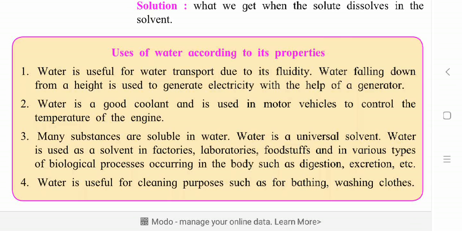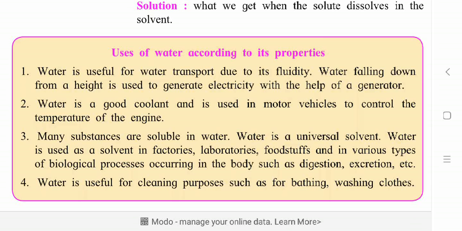The digestive system uses that, as well as the extra part which goes through the excretion organs. There also water makes our living life comfortable.